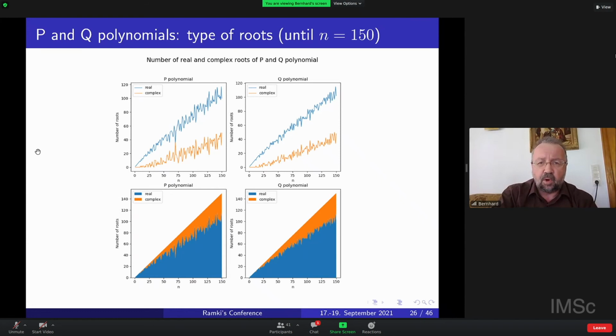For example, maybe you know there's an old result of Laguerre saying when you have a polynomial with real coefficients and real roots, and you divide the k-th coefficient by k factorial, then this new polynomial also has real roots.